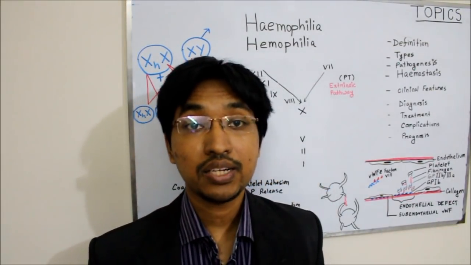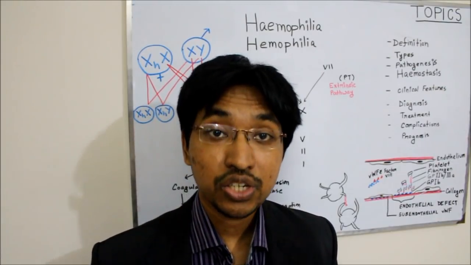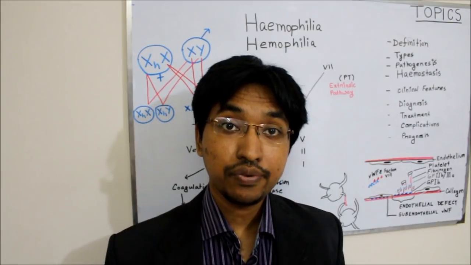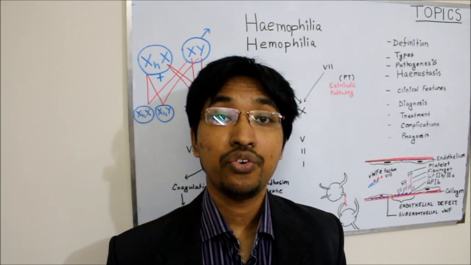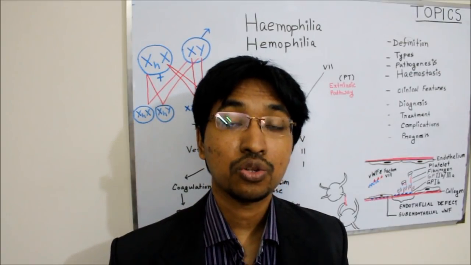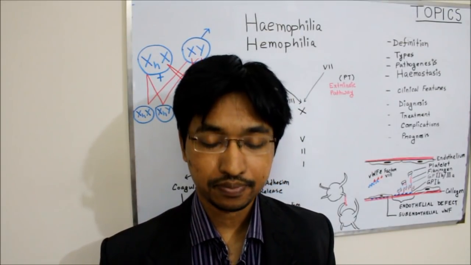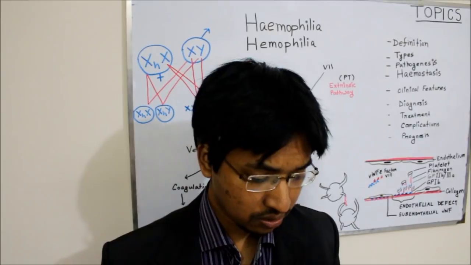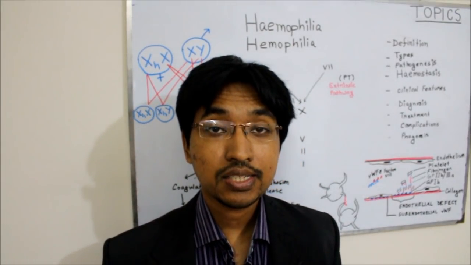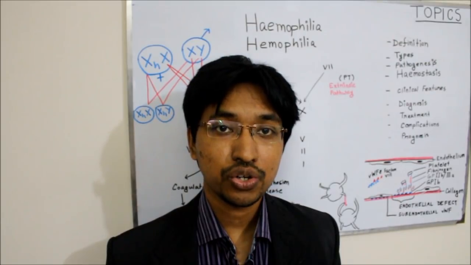Hemophilia can be defined as a common hereditary coagulation disorder due to deficiency or reduced activity of clotting factor 8 or clotting factor 9. And one more thing you have to know, that this disorder is an X-linked recessive disorder.